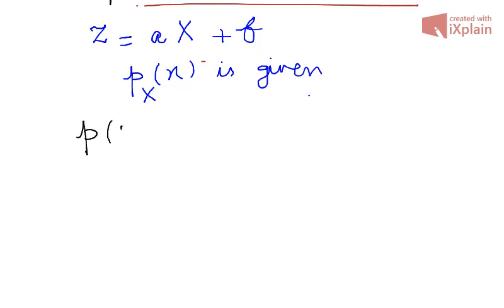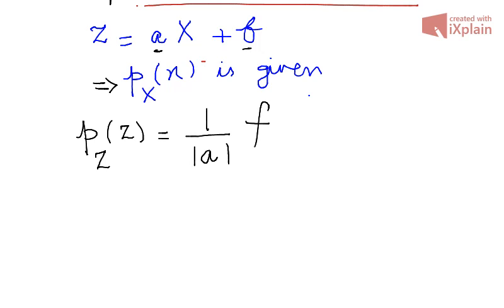You can write the PDF of z using the transformation of random variables directly. I would like the final equation which we derived there. You can write the PDF of z in this form. This is 1 over mod a. Keep in mind this a and b are constants, and you have the random variable x, and for that random variable p of x is already given.